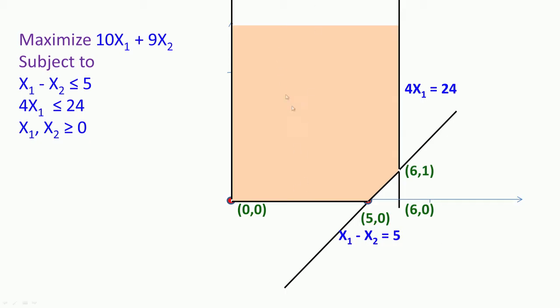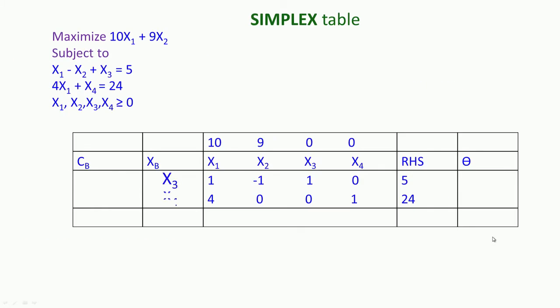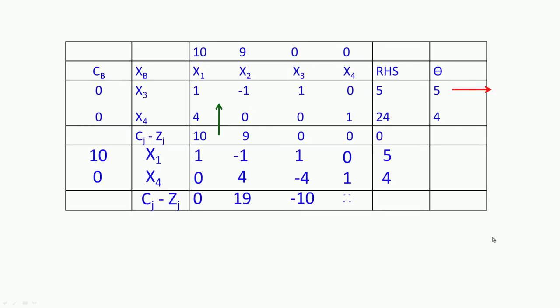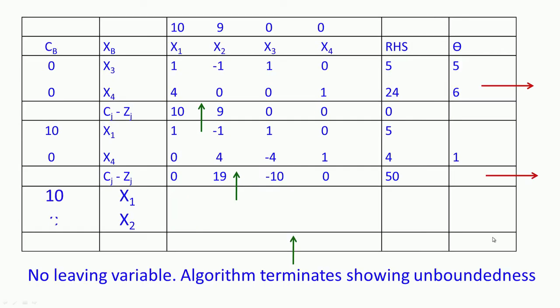We also said that when we actually solved it by the simplex, simplex indicates unboundedness by being able to identify an entering variable, but there is no leaving variable. So in this iteration we showed that there is an entering variable here, but you cannot divide and do that.